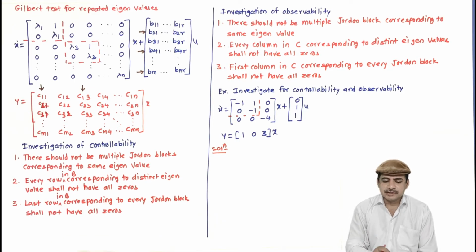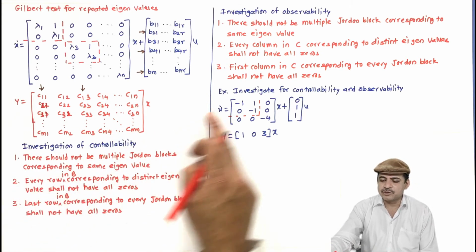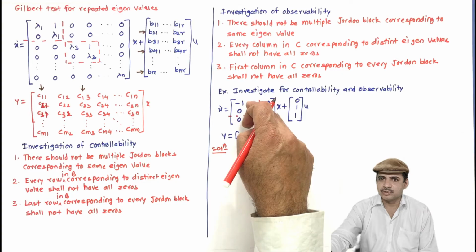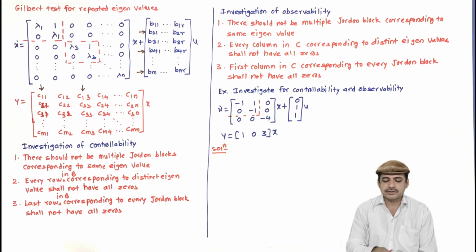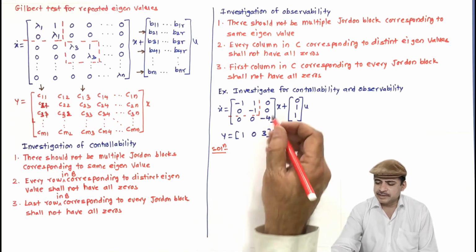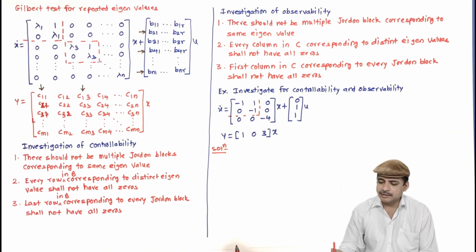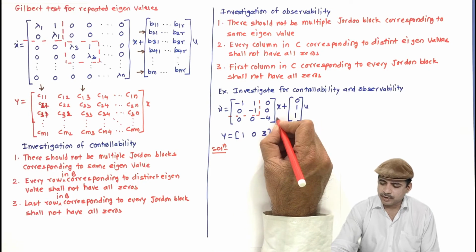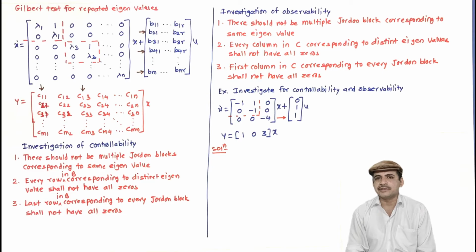That means the first condition is satisfied. There are no multiple Jordan blocks related to this particular eigenvalue. Now the second condition. In this there is a distinct eigenvalue lambda equal to -4 and the row corresponding to this in B has non-zero elements. That means the second condition is also satisfied.